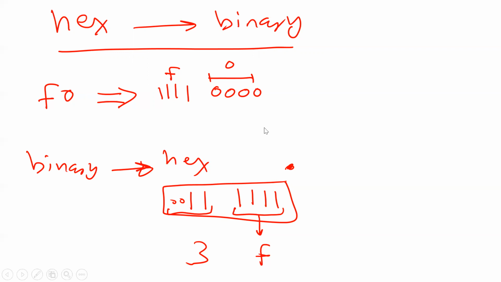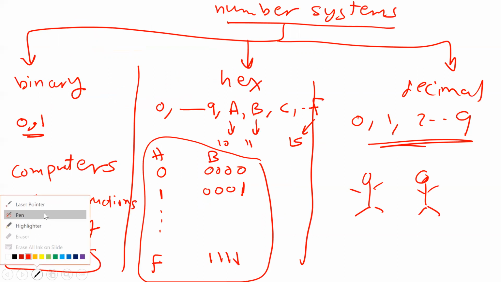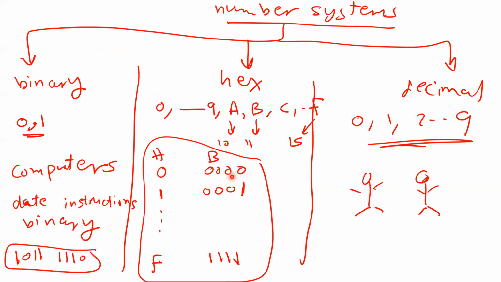Anyway, for example, if I give you this number F0, and this number is hexadecimal, and I ask you to convert it to binary, very trivial, very easy. Look, this F, I'm going to replace it with 1111, because every digit, as you see here, has 4 bits. I'm going to just replace it with the 4 bits.